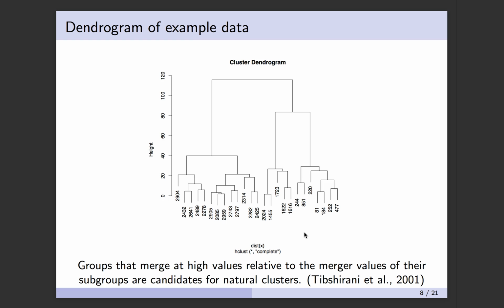Actually, you don't know how many groups are in the heat map dataset, so it's based on your option. You can cut the dendrogram. If you cut it here, you will have 3 groups, and if you cut it at a higher position, you will have 2 groups. So it's based on your selection how many groups.